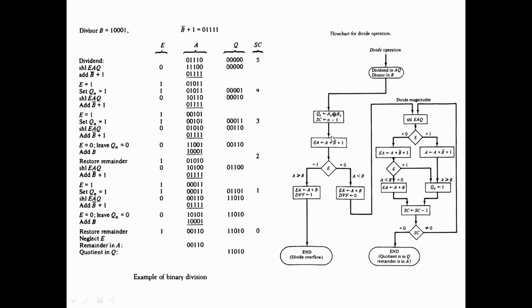So the first thing I need to do is check whether A is less than B or not before performing division. What is A? A is the first 5 digits of the dividend. So the first 5 digits of the dividend should be less than the divisor. Why? If it is greater than the divisor, then the quotient will naturally be of 6 bits.